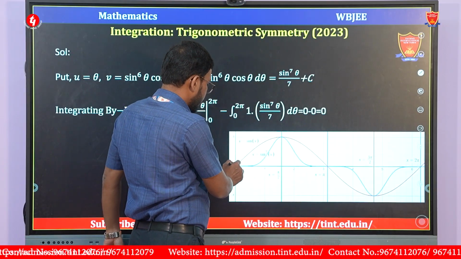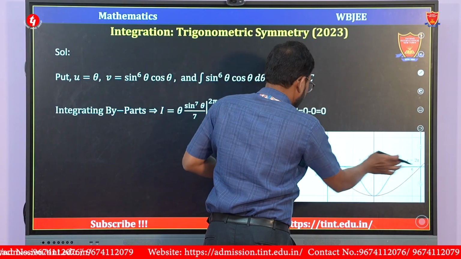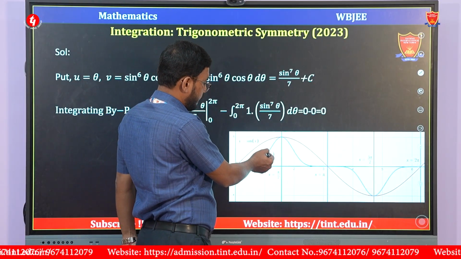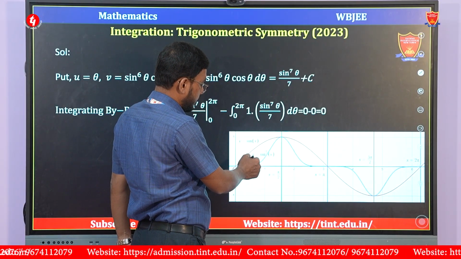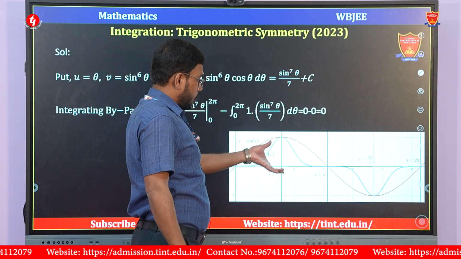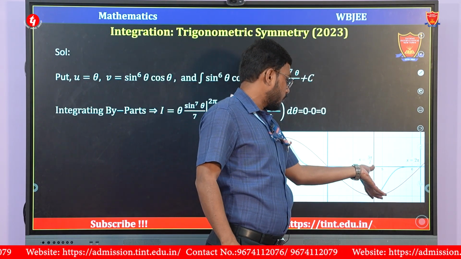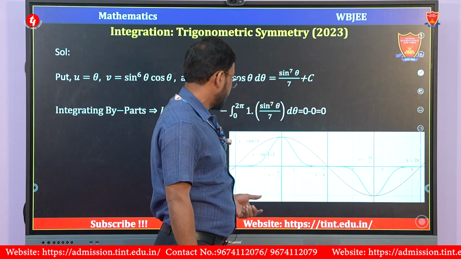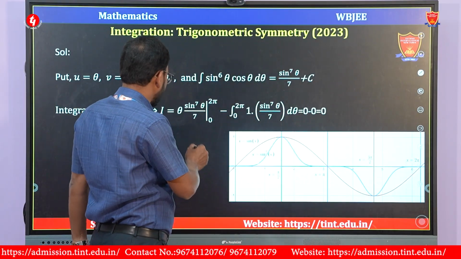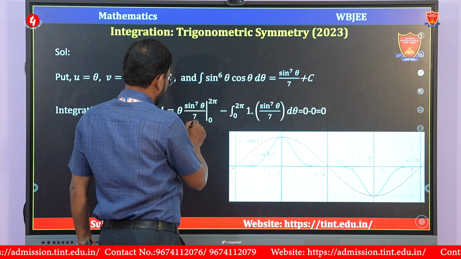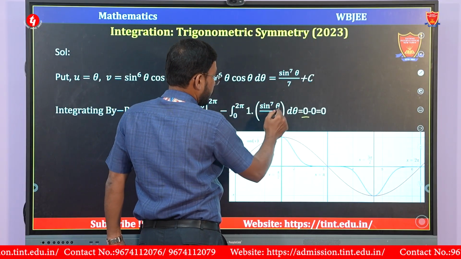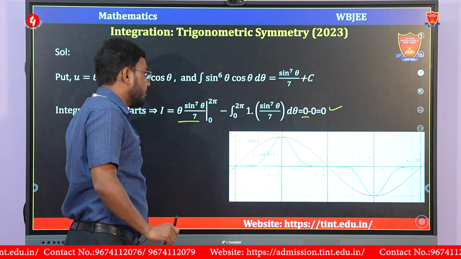So, when you consider the range 0 to twice pi, this integral value is 0. If you see the sin 7 x graph, these parts are also the same but opposite in sign. So, the integral of sin 7 x from 0 to twice pi is also 0. That is why I write this integral value is 0 and this is also 0. So, the integral value is 0.